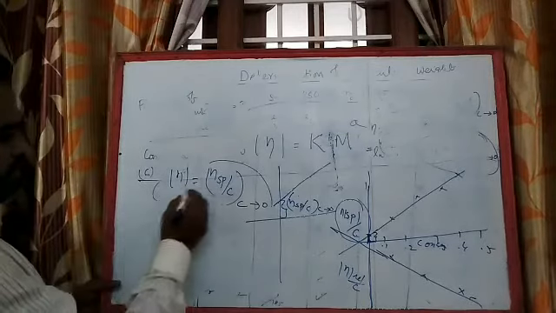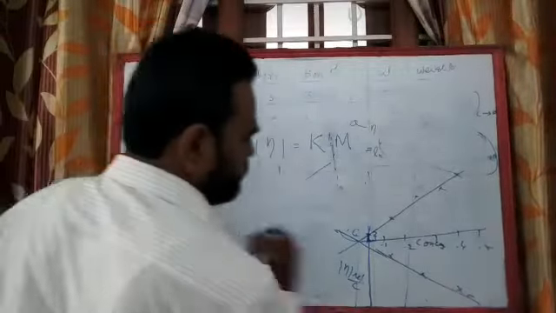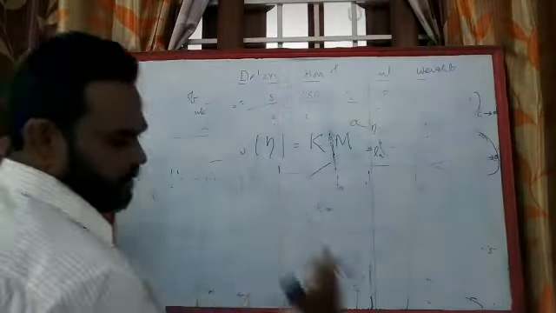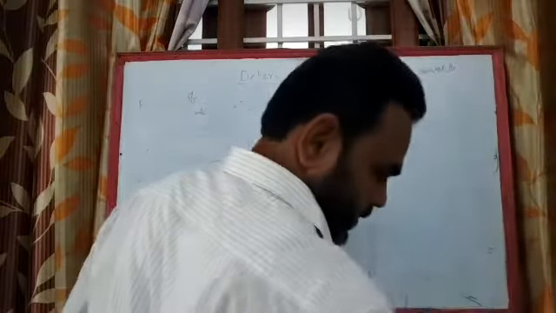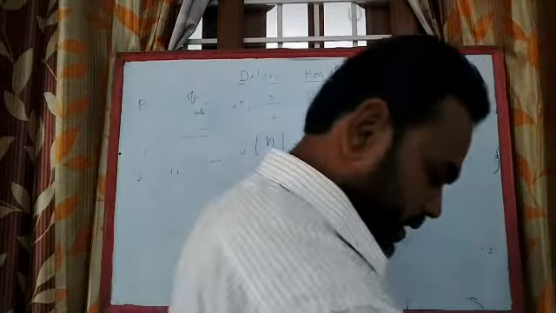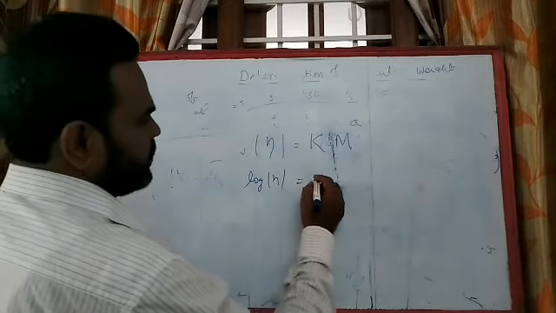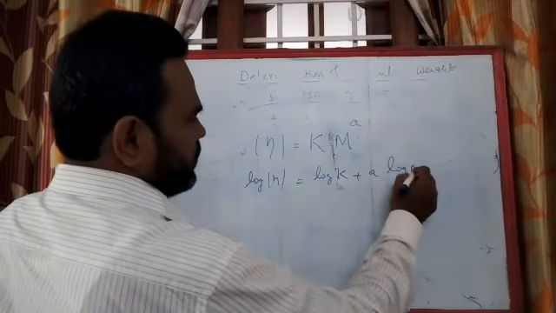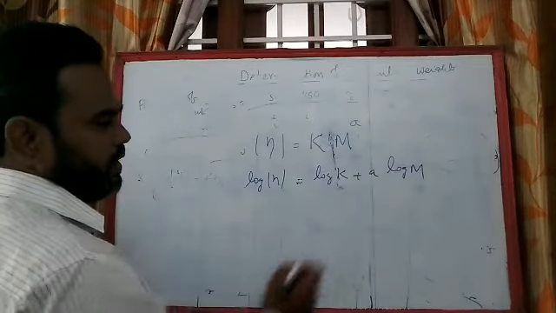From this graphical value, you can find the molecular weight of the polymer. Look at this: eta equals K m power A. Taking the logarithm on both sides, log eta is equal to log K plus A log m.